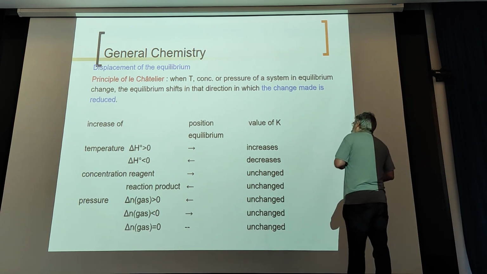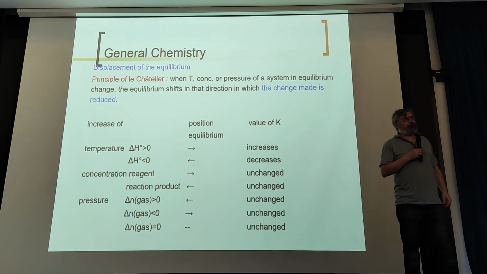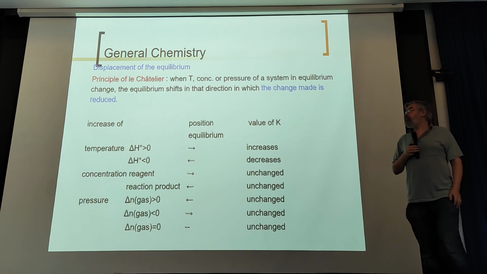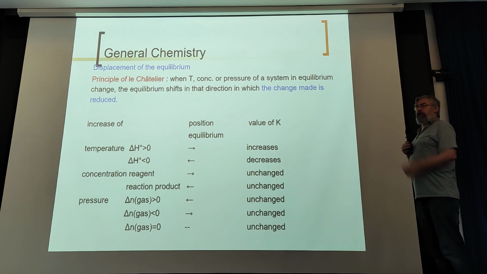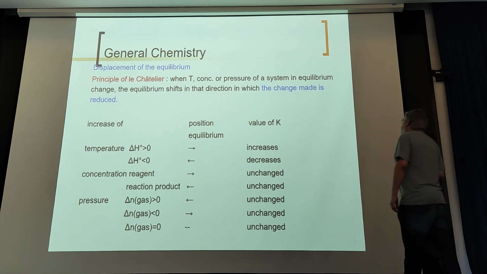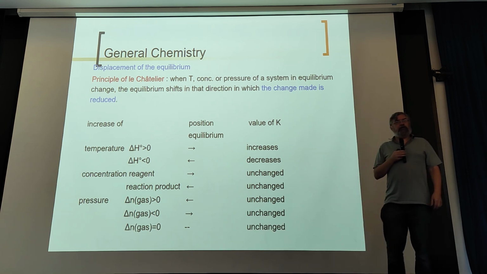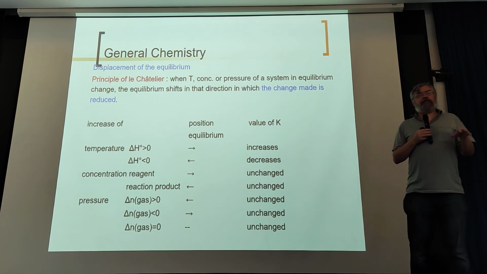And this answers to the so-called principle of Le Chatelier, a French researcher of, I think, the 19th century. It says that when you change one of the factors, temperature, concentration, pressure, in a system at equilibrium, the equilibrium will shift.